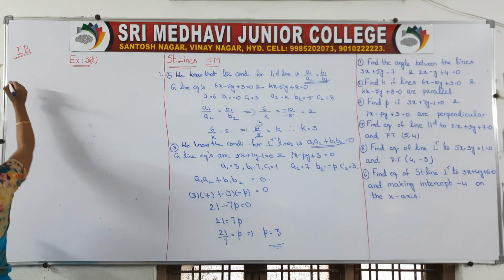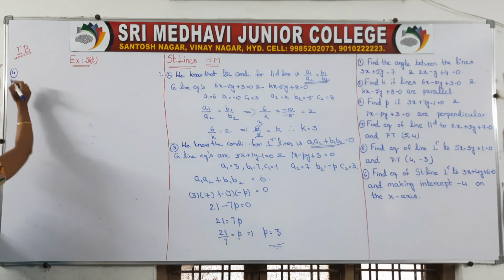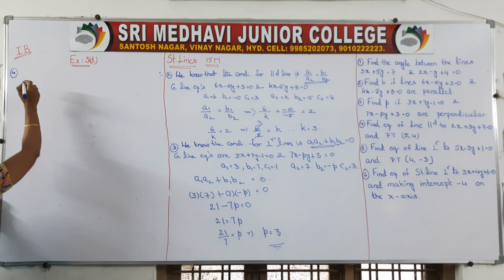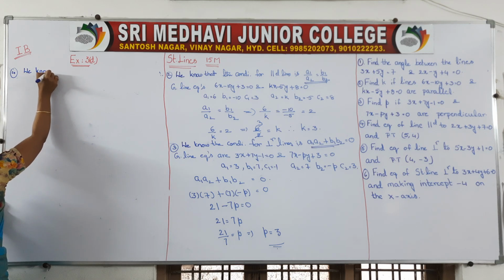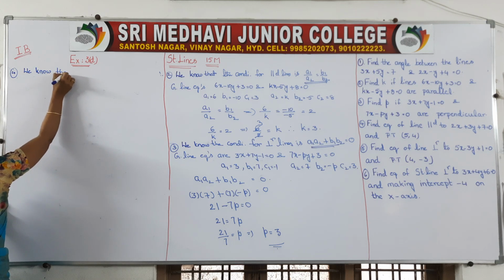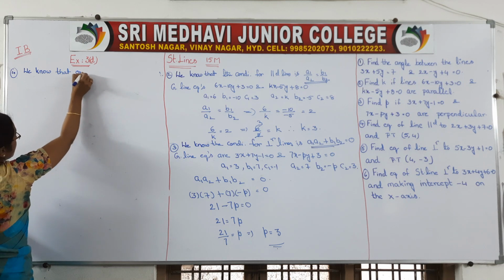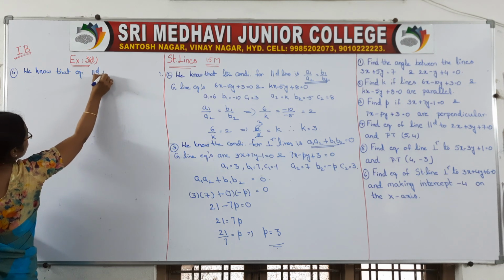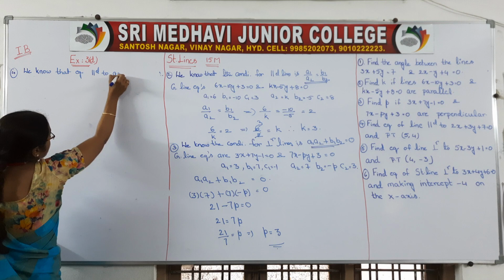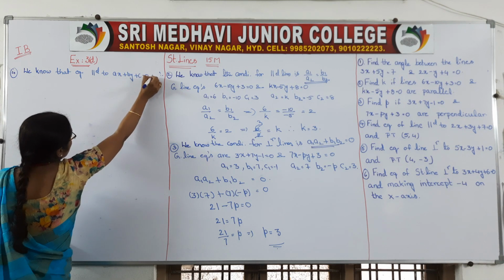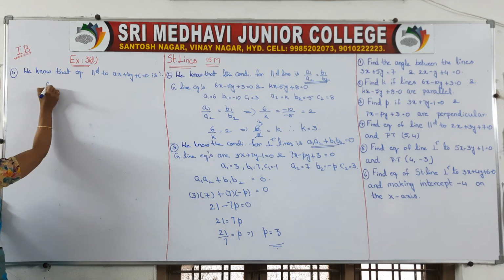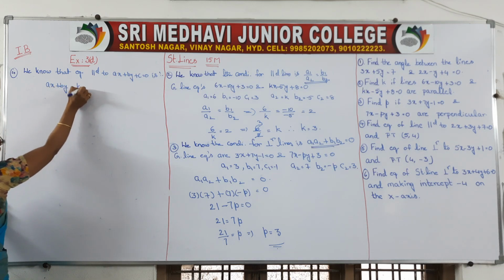What is the formula for a line parallel to a general line? So we know that the equation parallel to ax plus by plus c is equal to 0 is ax plus by is equal to k.